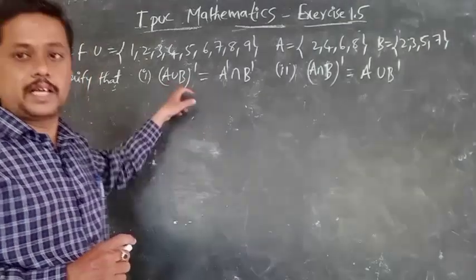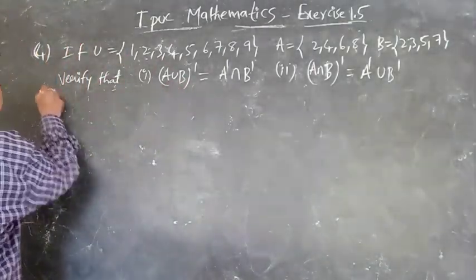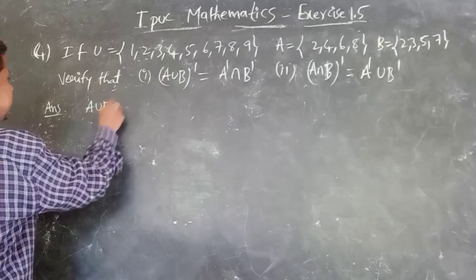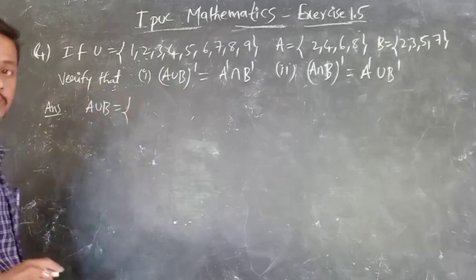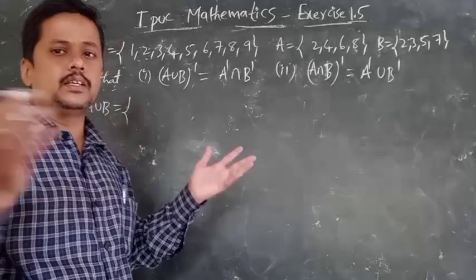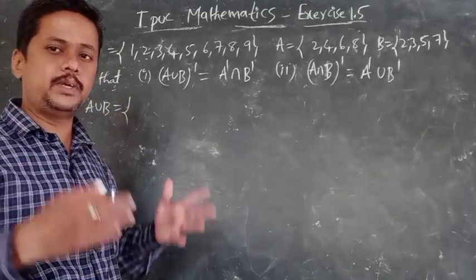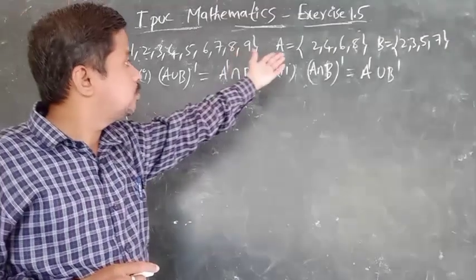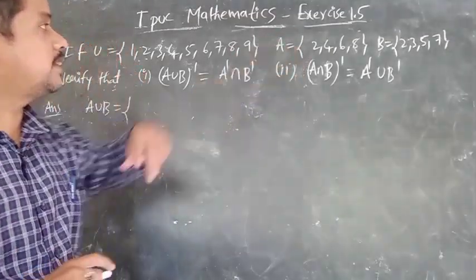A union B. A union B is what? Union means A elements and B elements, so combine the A and B elements: 2, 4, 6, 8, 2, 3, 5, 7.